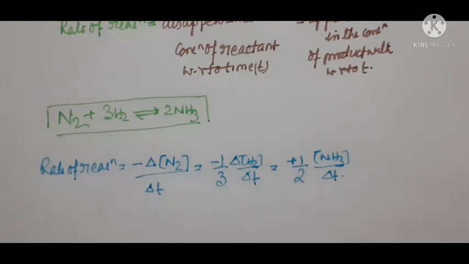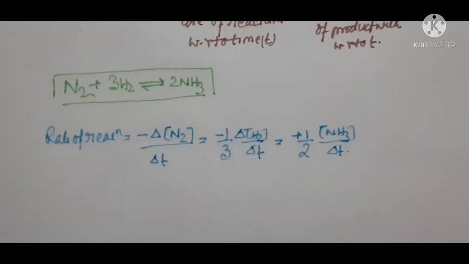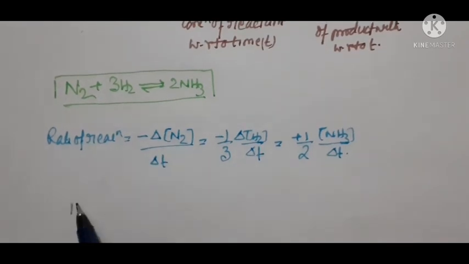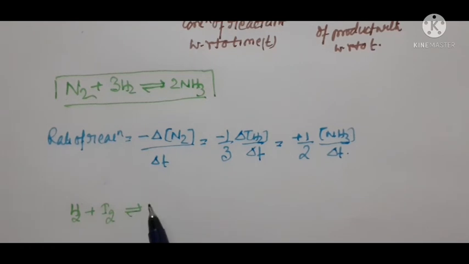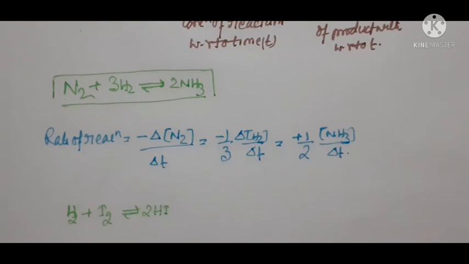Let us consider another example to find the rate of reaction: H2 plus I2 reversible to 2HI. For this reaction you have to write the rate of the reaction.